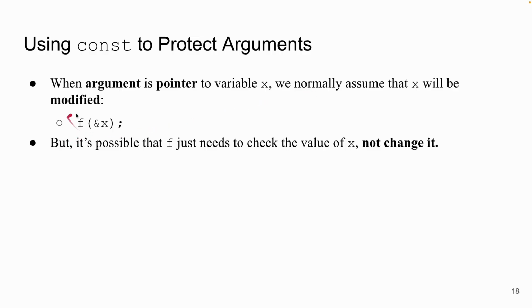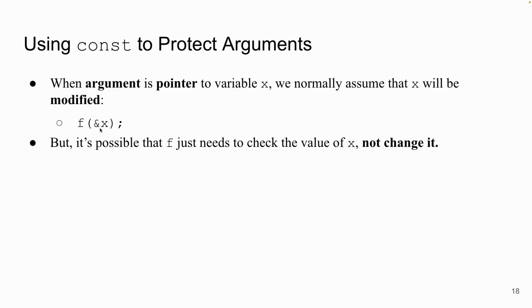For example, if I have a function f and I pass the pointer to x as argument here, most of the time we just assume that this function f wants to change the value of x. That is why I pass the address of x to the function.